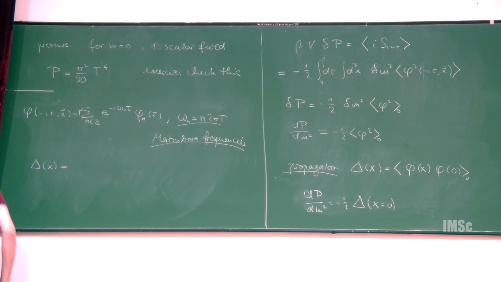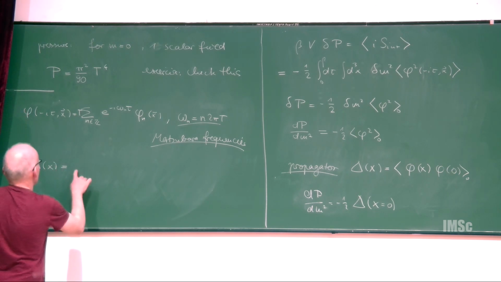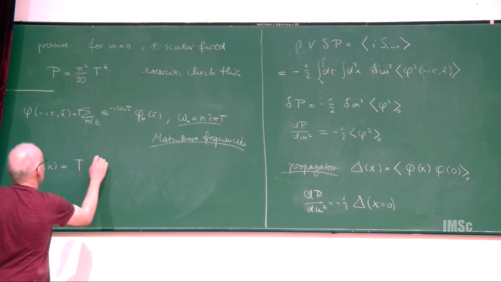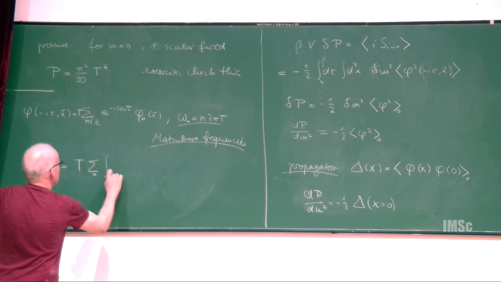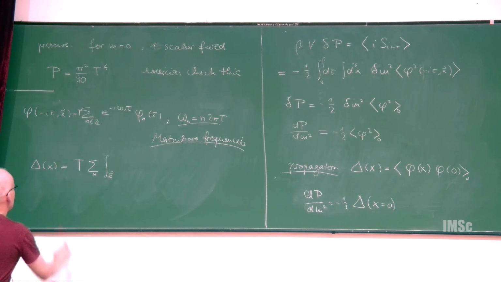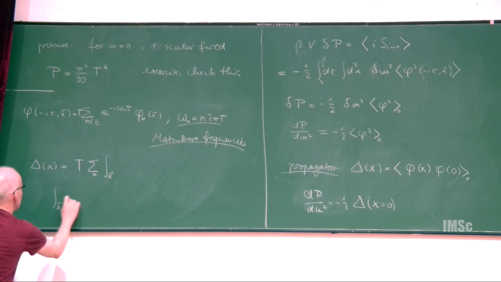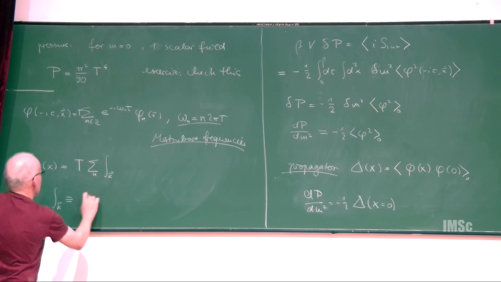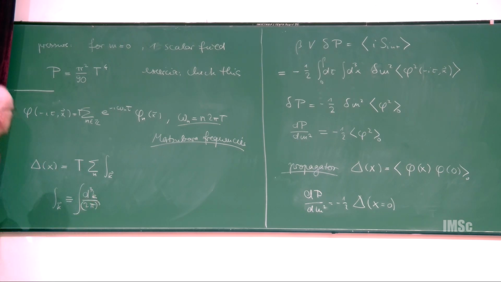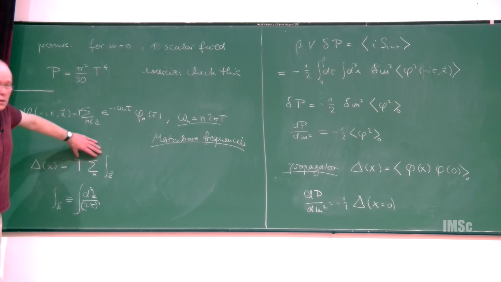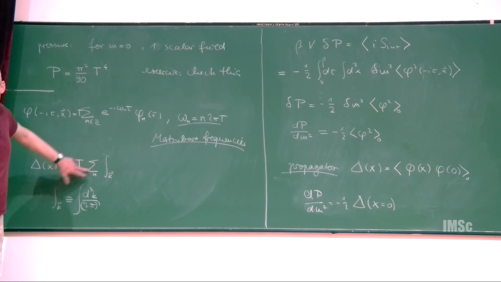Usually in Fourier space you would have the integral over frequencies, but now you have this Matsubara sum, and then you have the integral over spatial momenta. This I will use oftentimes: the integral d3k over 2 pi cubed, the momentum space integral. So that's the difference compared to zero temperature, that here you don't have an integral, but this sum.